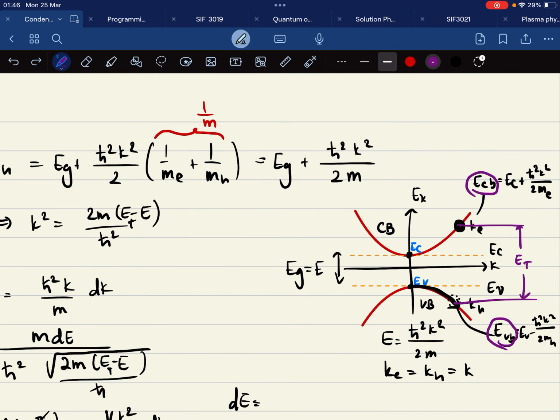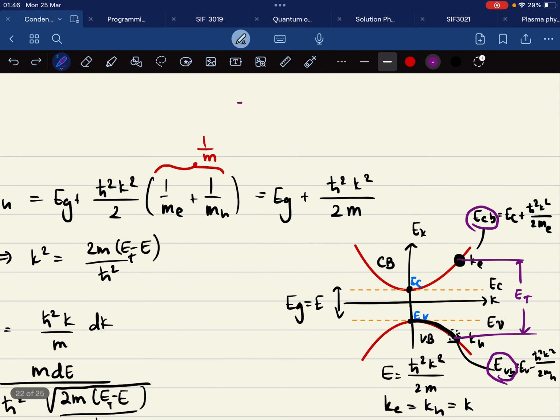All right, so ET as I define, ECB minus EVB equals EC plus ħ²k² over 2 m_e, bracket, minus EV, the valence band, sorry, should be EV, minus ħ²k² over 2 m_h, whole.